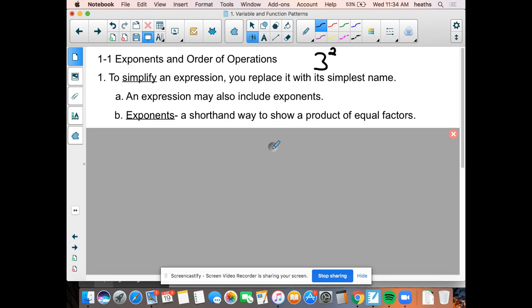It does not mean 3 times 2. What that actually means, 3 to the second power, is 3 times 3, which is 9. Exponents are a shorthand way to show the product of equal factors, in this case, 3 times 3.